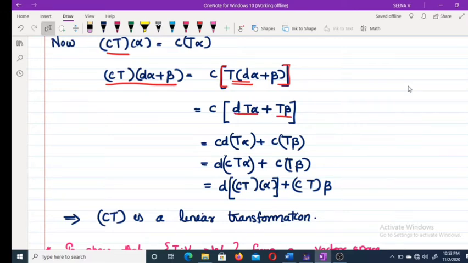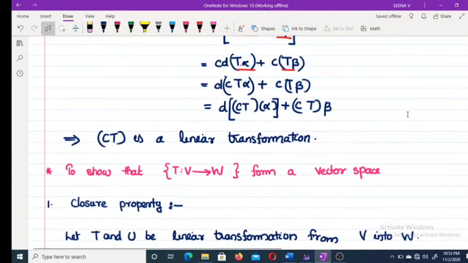Now take c inside: this is cd T alpha plus c T beta. As c and d are numbers in the field F, which is commutative, you can replace cd by dc.